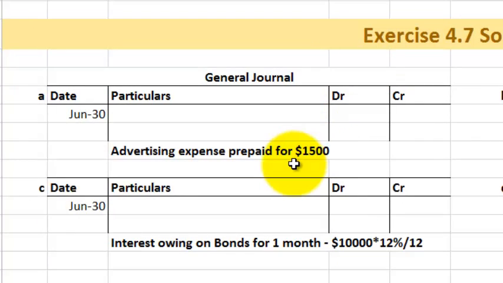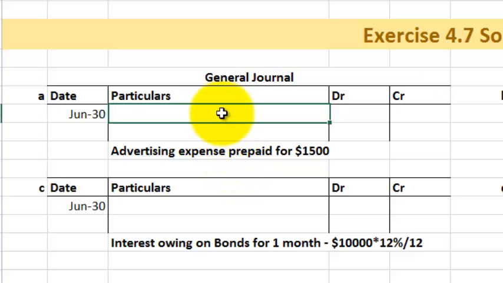Okay, we've done 4.6, I'm going to go into 4.7. Part A, you've got to do a bit more thinking on this one, but in this instance, advertising, we had a campaign which started before balance day. We still had perhaps some TV commercials going after balance day, so $1,500 worth had to be transferred into the next accounting period.